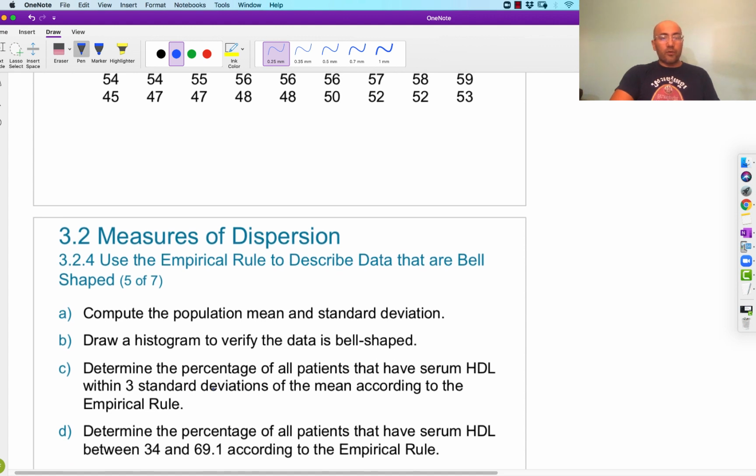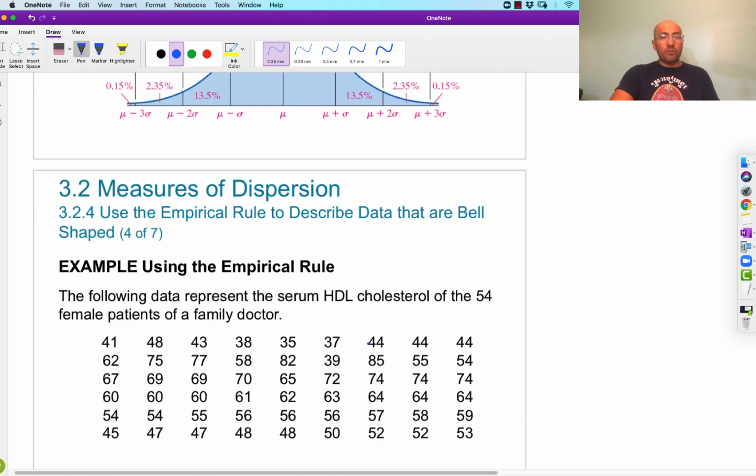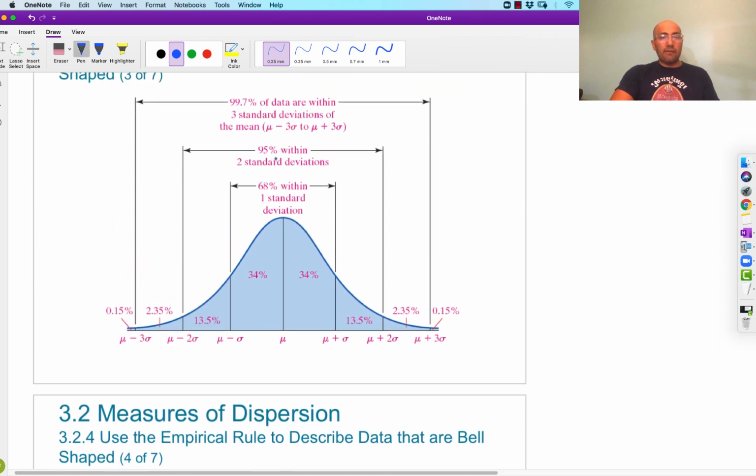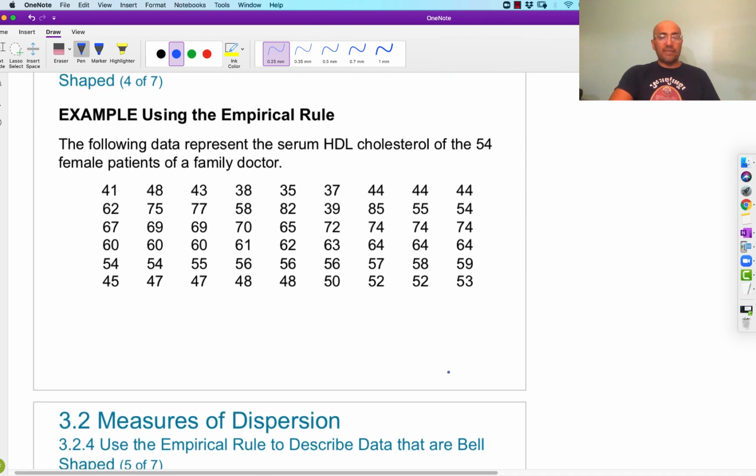Well, according to the empirical rule, it should be about 99.7. That's almost all of them. It should be pretty rare that we don't find one. So if we go back 3 standard deviations below the mean and 3 standard deviations above the mean, we should be able to find an interval that hopefully captures almost all of the data, 99.7.